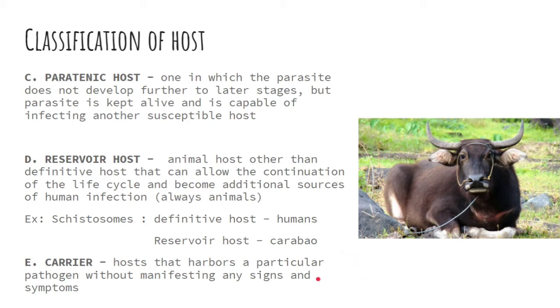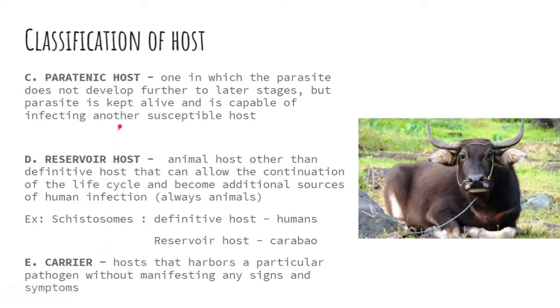And also, we have your carrier host. These are hosts that harbors a particular pathogen without manifesting any signs and symptoms. So, basically, pag sinabi na ikaw ay isang carrier ka lang. Wala kang simptomas, wala kang signs and symptoms, but you still harbor the parasite. So, that is what is a carrier.